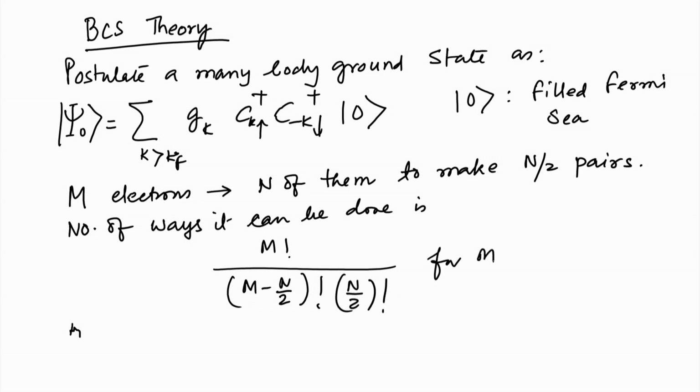For m equal to 10 to the power 23, this combination is equal to 10 to the power 10 to the power 20. So, in principle we have to solve for these many g k's in order to write down a proper many body state, which is an impossible task.